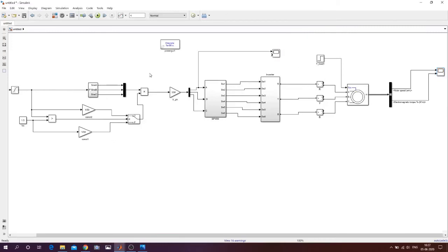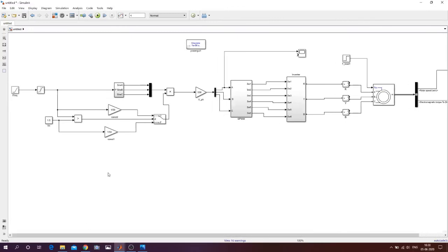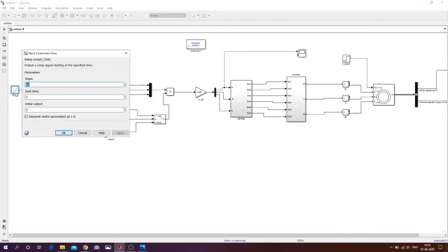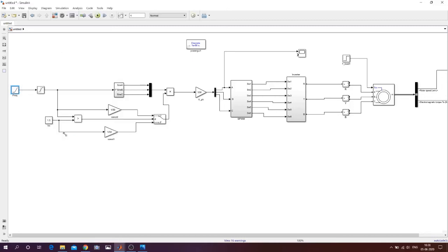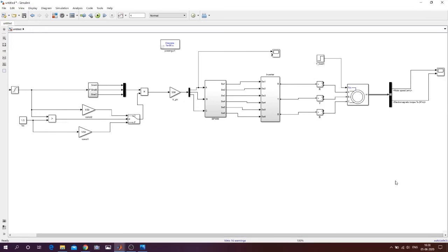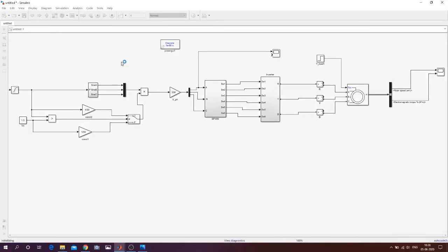Now we will run this motor and see what happens. But before doing that, we will put this loop to 50 so that the speed rises fast, and we will not make any other changes. We will simply run this motor. Okay, it is running now.